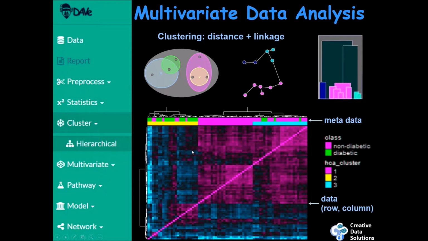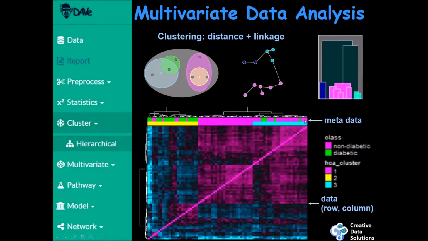Here is an example of a hierarchical cluster output where the data is organized using hierarchical clustering. You see the dendrogram on top, and in the middle we're also showing the correlations between all of the samples. The other important thing is that we want to layer our metadata on top to see whether our metadata, which is not used to cluster this, explains the cluster patterns.